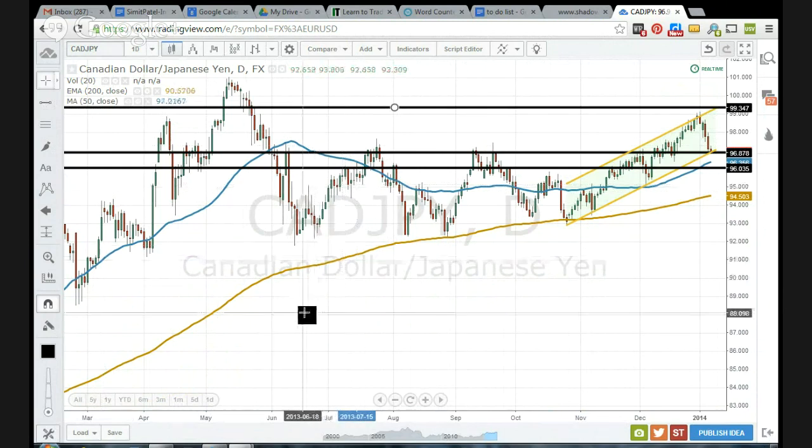Okay, so we're risking about 96.90 to 96.05, so 85 pips.